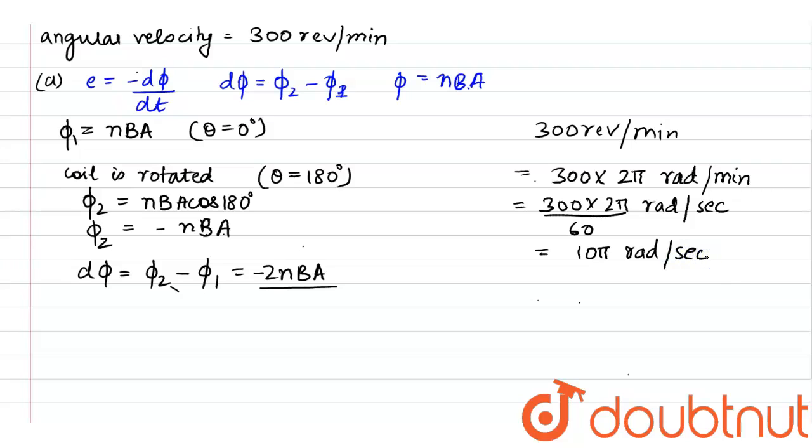So the rotation that takes place is going to be this. But when we calculate it for 1 pi radian rotation, how much time does it take?